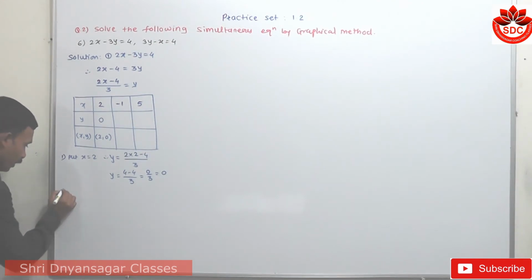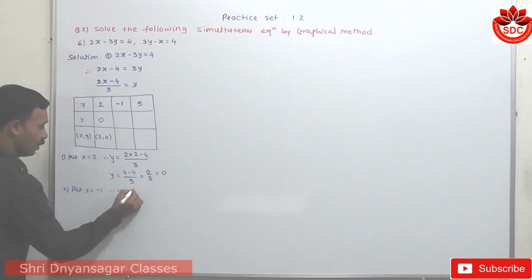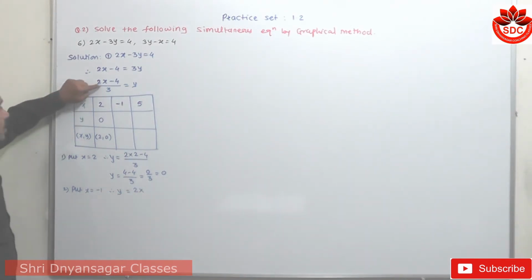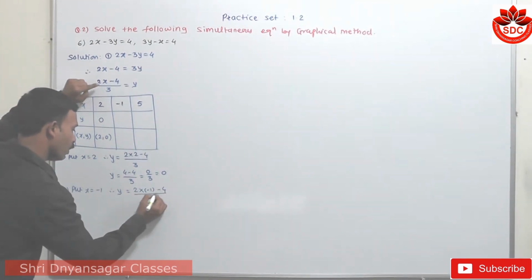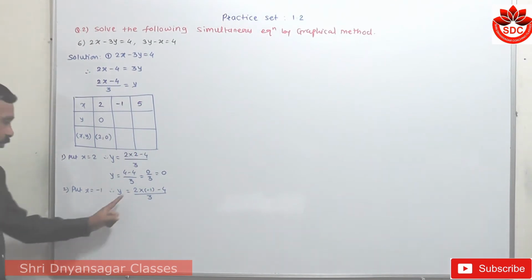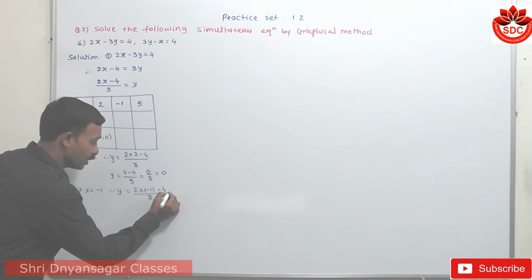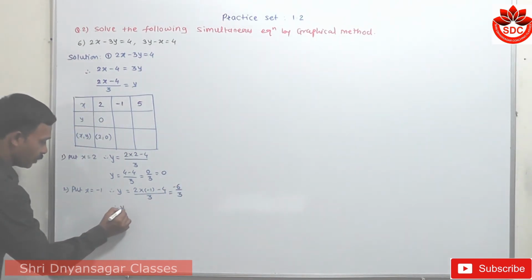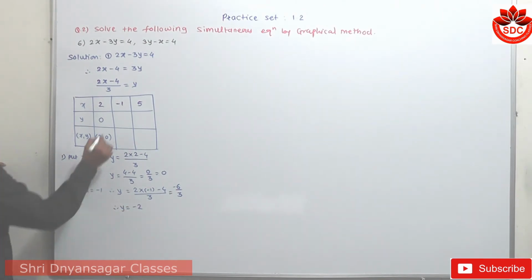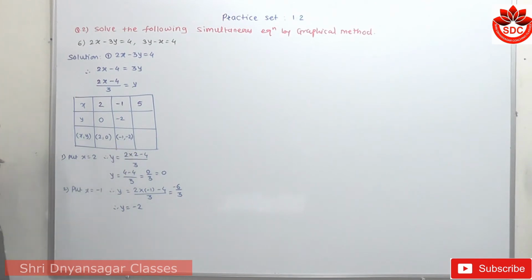Then the second one: put x equal to minus 1, at that time y is equal to 2 into minus 1 minus 4 upon 3. Then 2 times minus 1 is minus 2, minus 4 becomes minus 6 upon 3. This value becomes minus 2. So the ordered pair is minus 1 and minus 2.